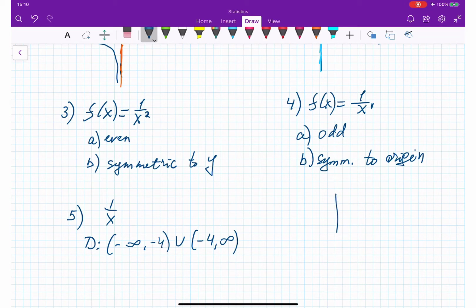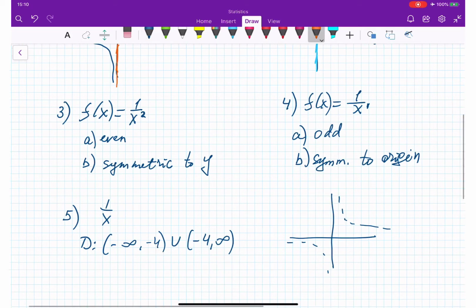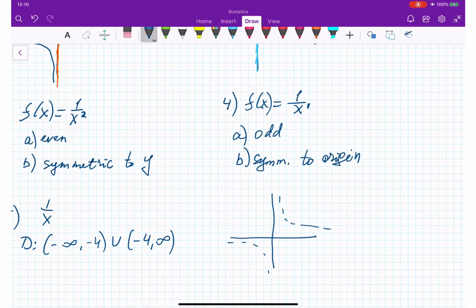Originally the graph that we have, 1 over x, it's like this, right? And that was to 0, in negative infinity to 0, and 0 to positive infinity. Now since domain goes to negative 4, then our new graph, it's gonna look like this.